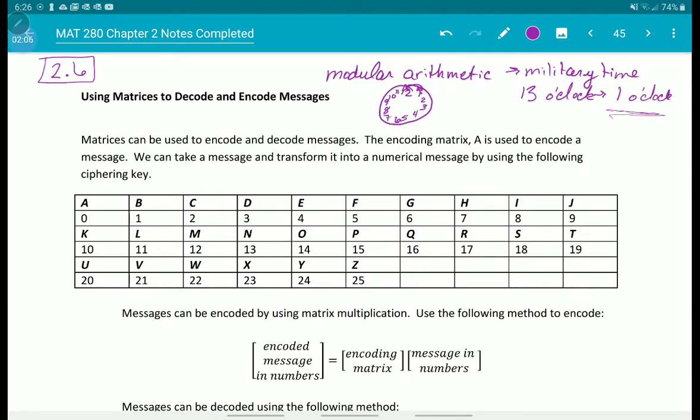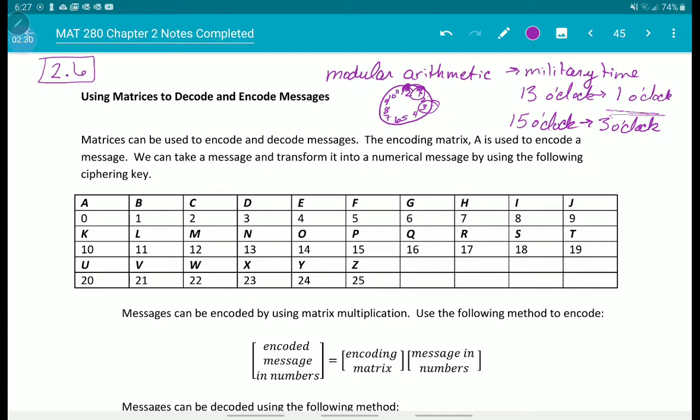And then 13 would put us right back here. It's called clock arithmetic because we can just keep going around and around the circle. So then 15 o'clock, we would just keep going. If we're at 12 here, 13, 14, 15 would put us here at 3 o'clock. So you can see why it's called clock arithmetic.